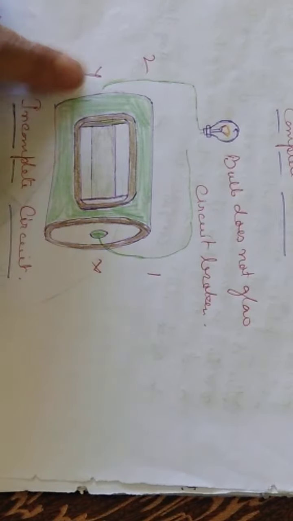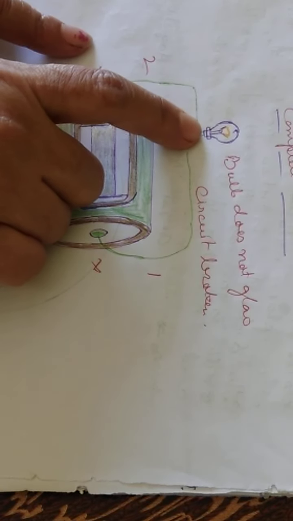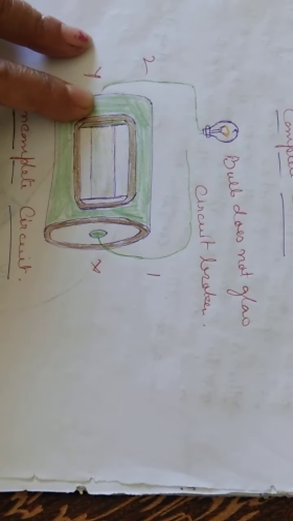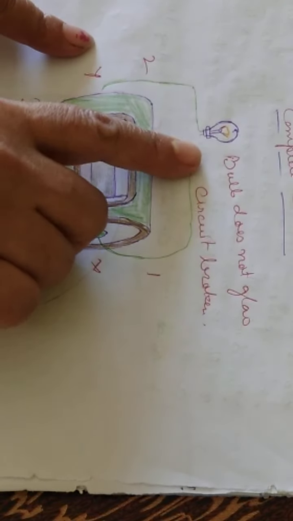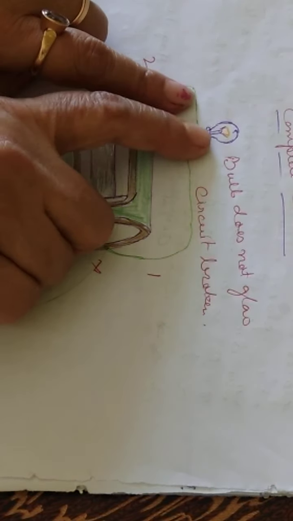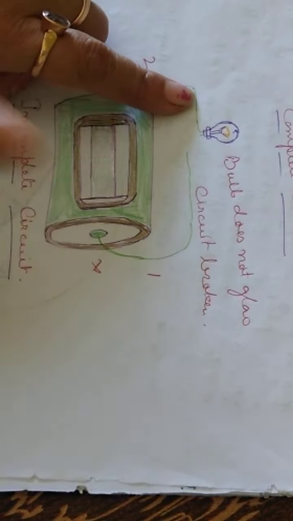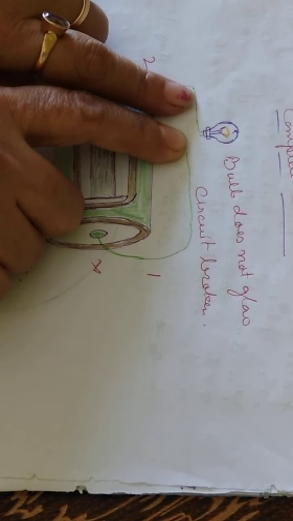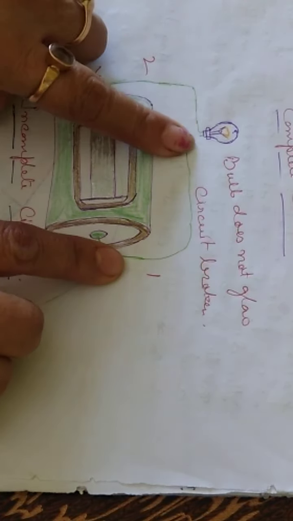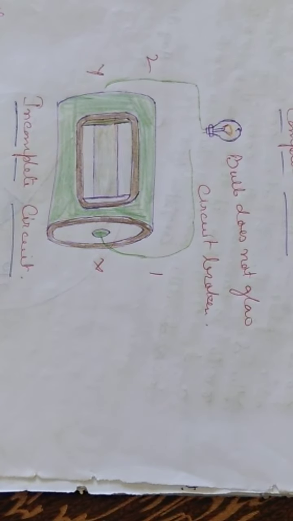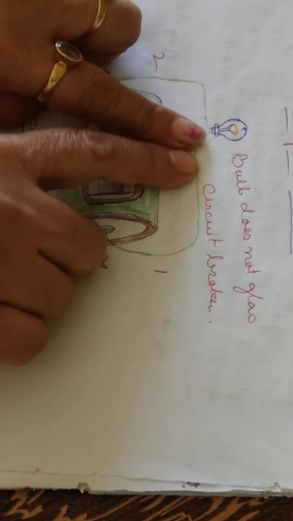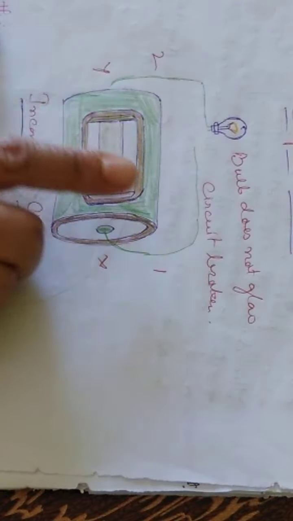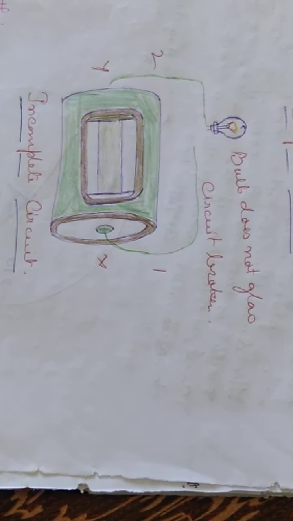And the other wire, which is connected to the bulb as well as the Y terminal, is intact. So one end of the one wire is broken. Here we see the bulb is not glowing. This shows that the circuit has been broken, the circuit is not complete, and therefore the bulb is not glowing.